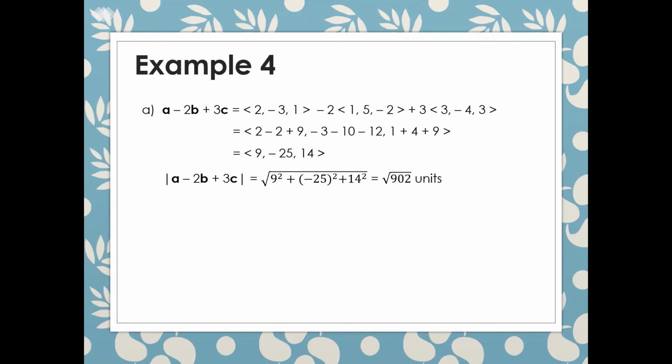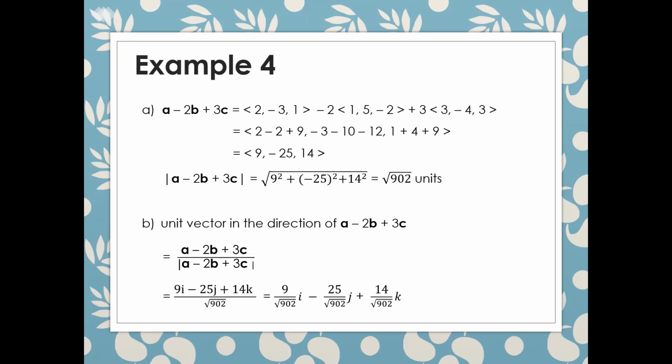Then, add and subtract the corresponding components accordingly and simplify, you will get 9i minus 25j plus 14k as the answer. To find the magnitude of the vector, it is equal to the square root of 9² plus (-25)² plus 14², which can be simplified to square root of 902 units.